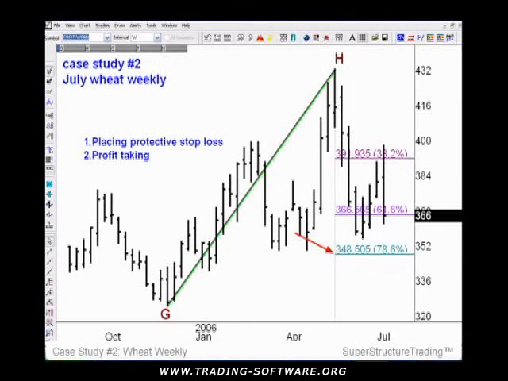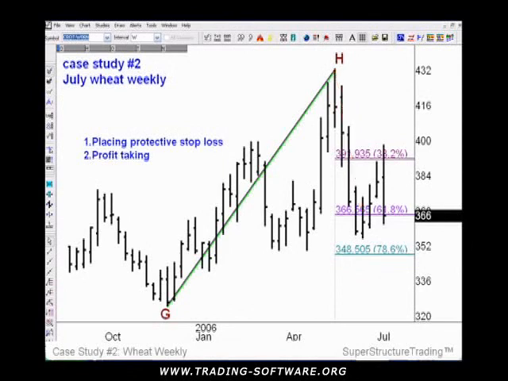So a medium ground would be the 61% area. That's where you should be focusing in to take profits because of this retracement being 61% itself. Now again, it can go a lot lower, but don't bank on it. Be conservative. So here you get about a 65-cent drop, about $3,200 in profits.